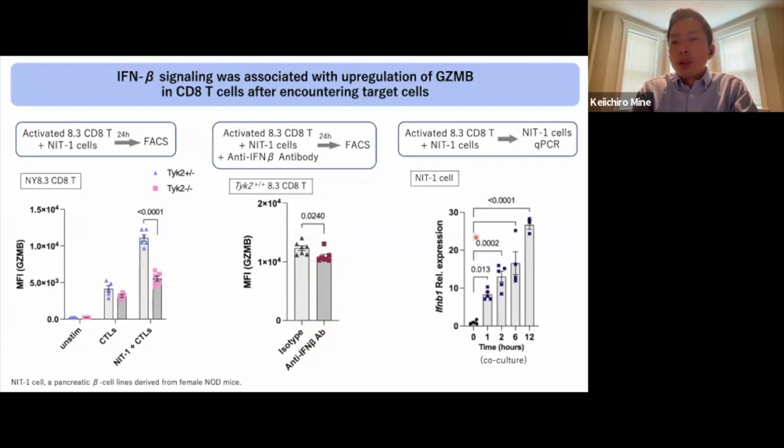The expression levels of the interferon beta 1 gene in NIT1 cells were rapidly upregulated after co-culturing with CD8 T cells, suggesting that the source of interferon beta is pancreatic beta cells. These results suggest that interferon beta signaling was associated with upregulation of granzyme B in CD8 T cells after encountering target cells.